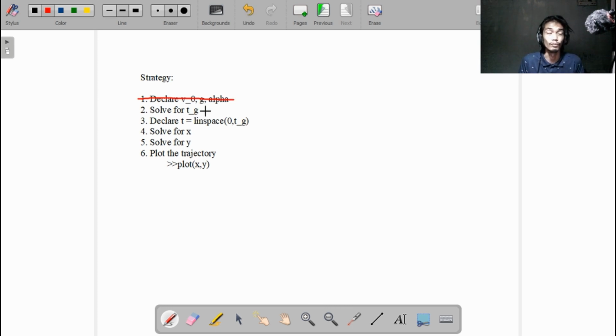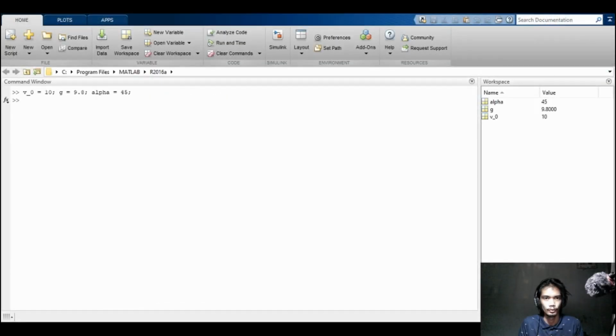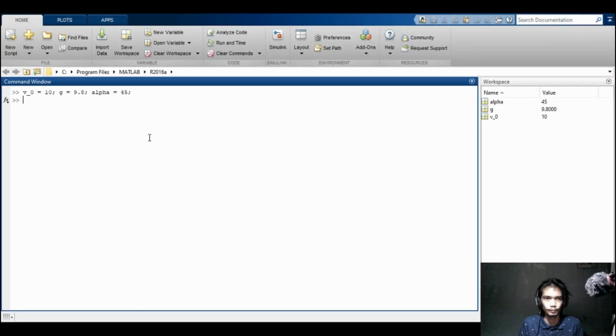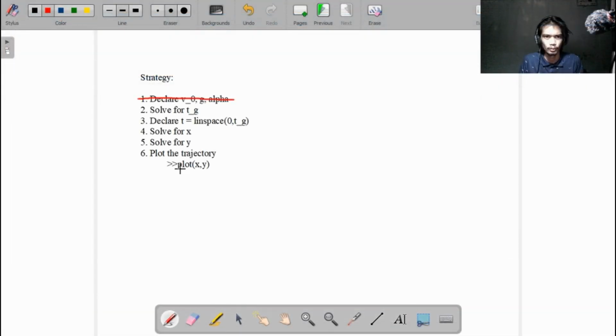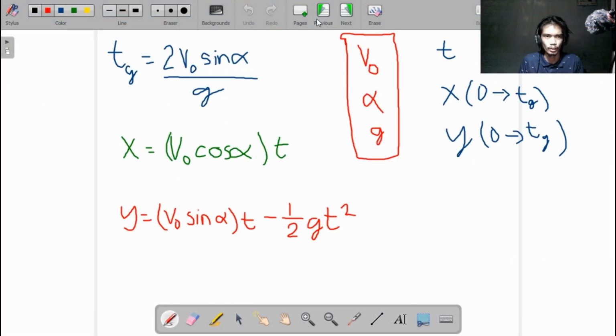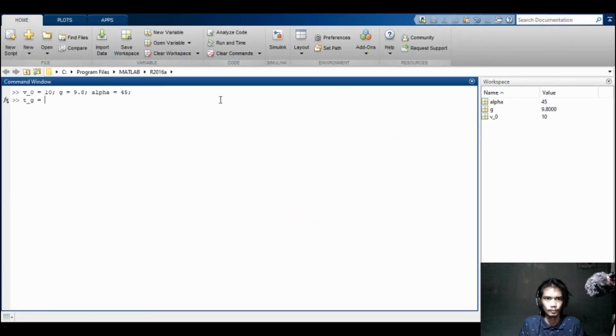We need to solve for T of G. So T underscore G is equal to, so referring to our blackboard, we have 2v0 sine alpha divided by G. Okay.